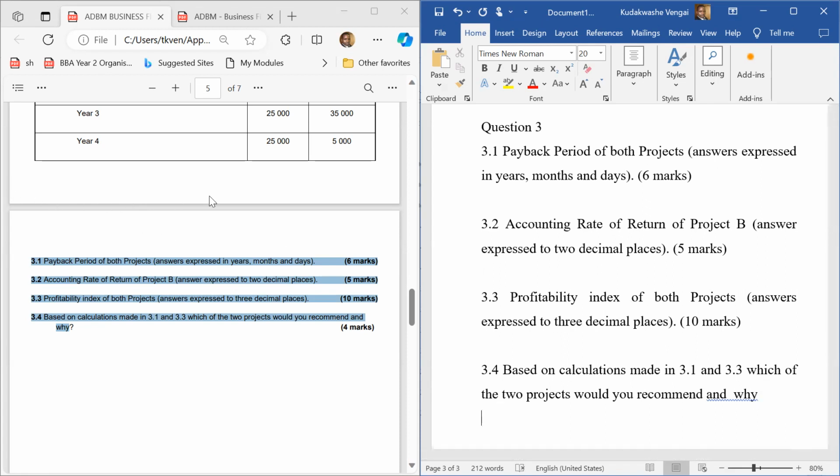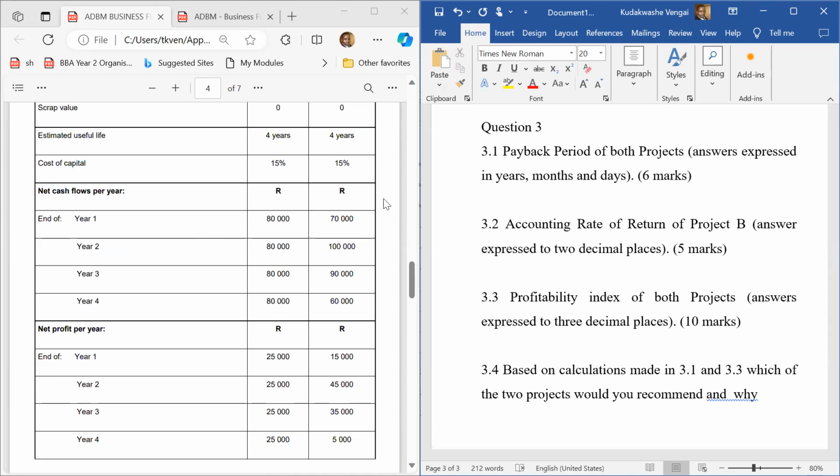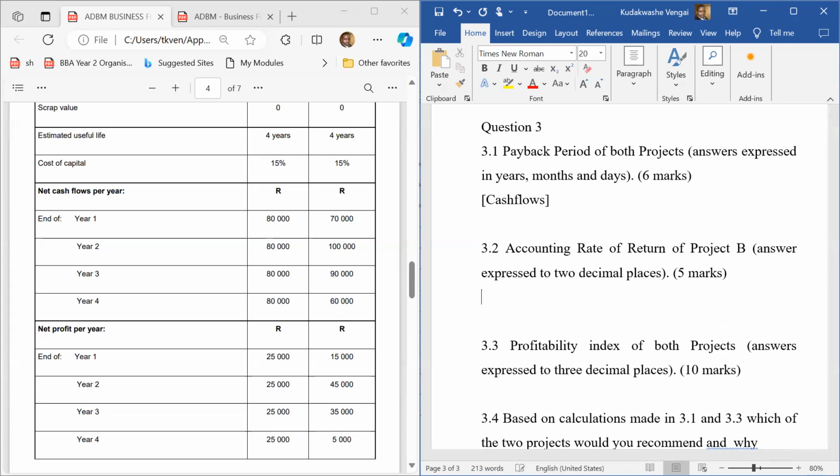All right. So payback period for both projects expressed in years, months, and days. Remember, when we are doing the payback period, we use cash flows. When we're doing accounting rate of return, we use net profit.